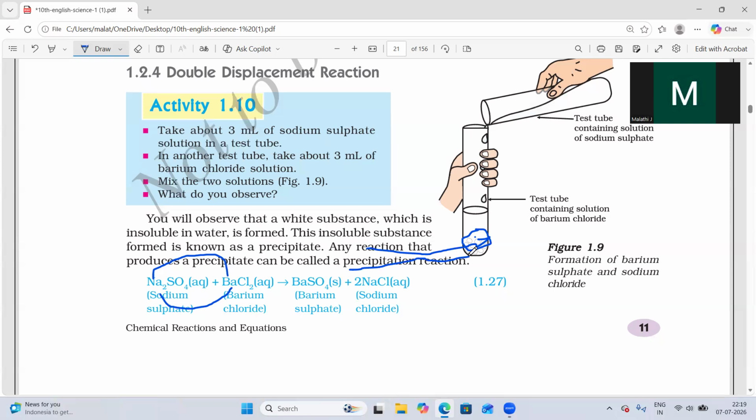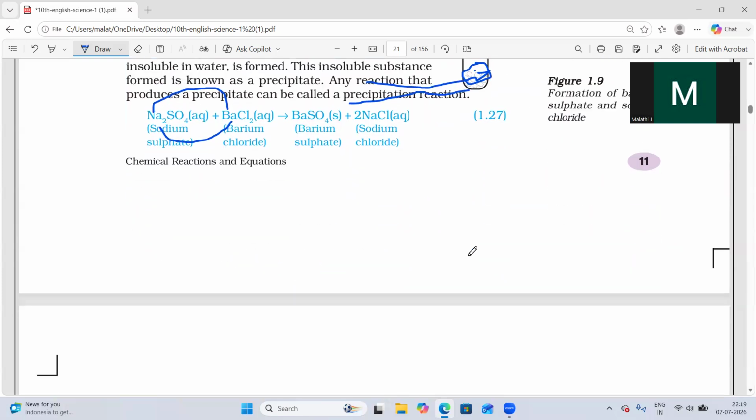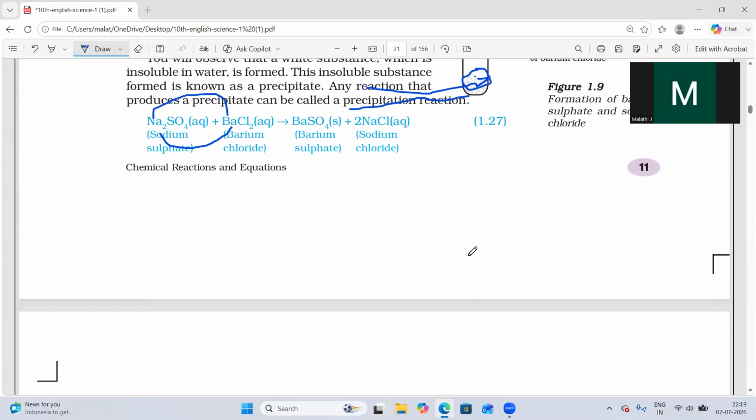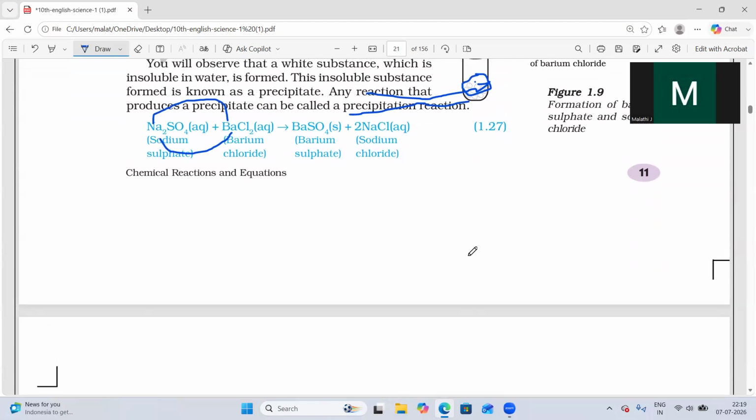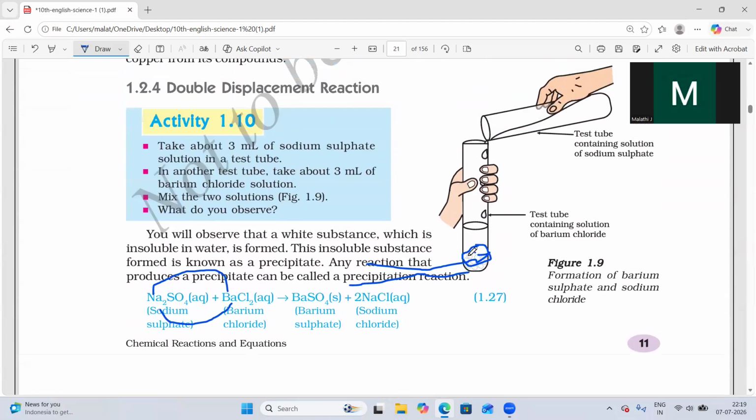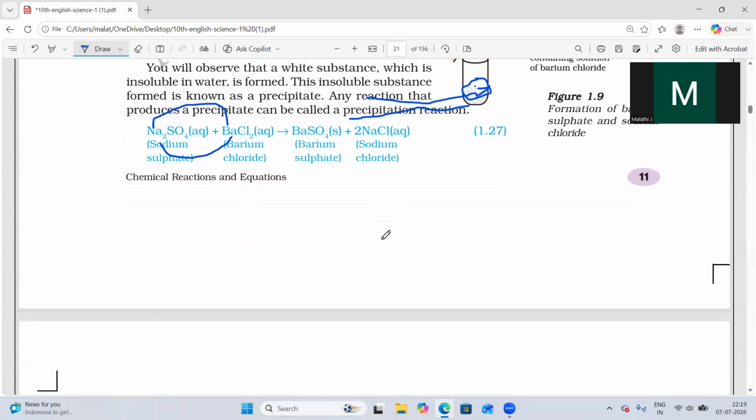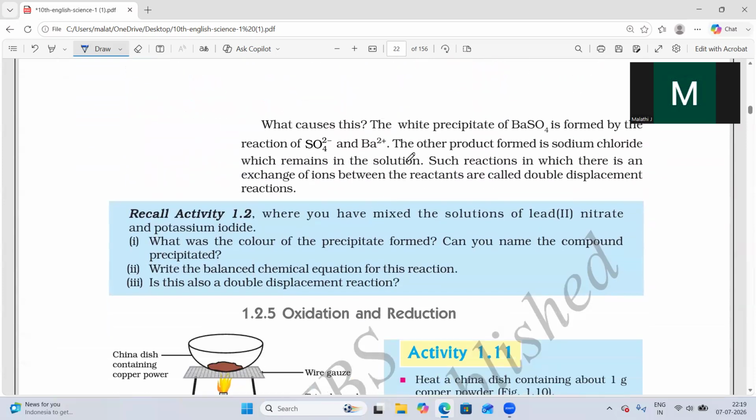For board exams, they will ask what a precipitation reaction is. In a double displacement reaction, we are taking salts.